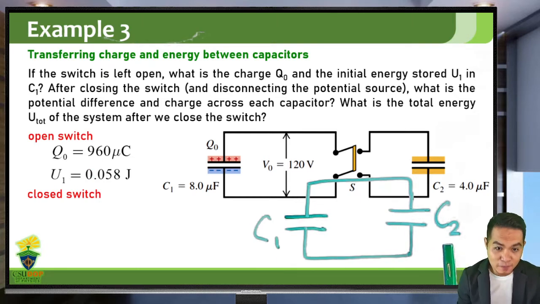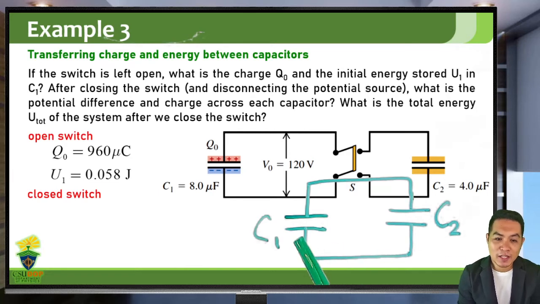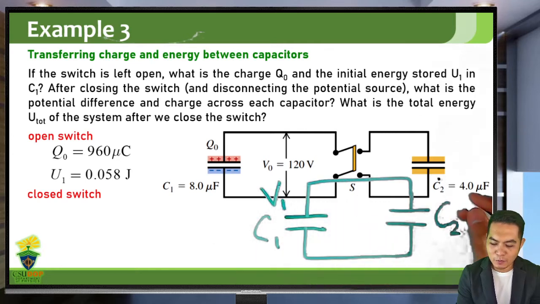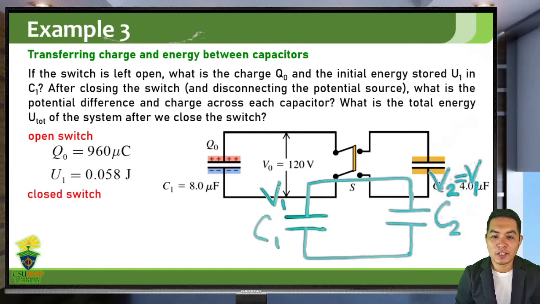Until such time, the sharing stops when the voltage of C1 equals the voltage of C2, since this is a parallel connection. So the voltage of this one is V1, the voltage of this is V2, and V2 and V1 are equal to each other.